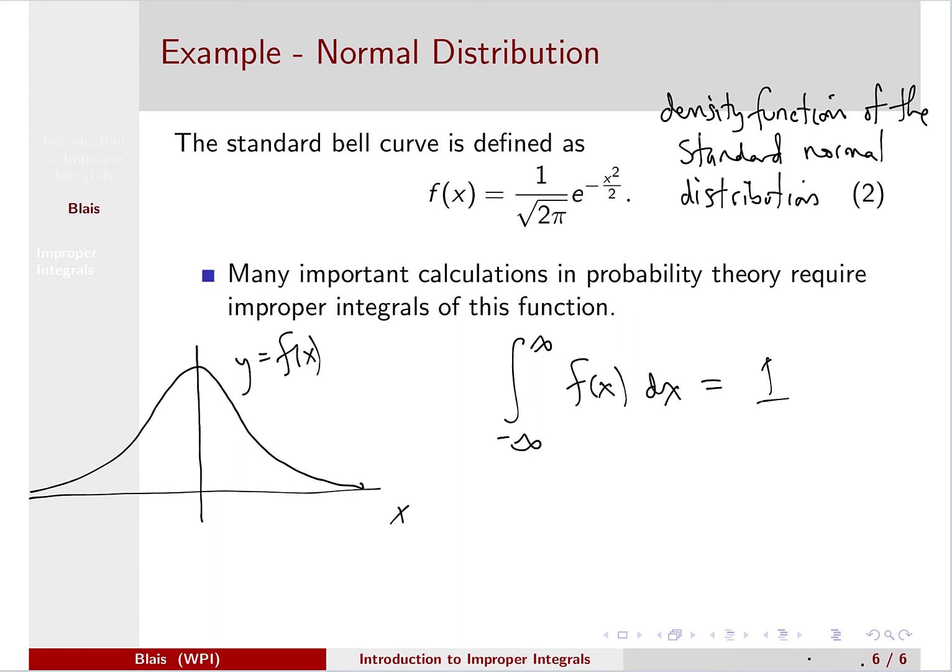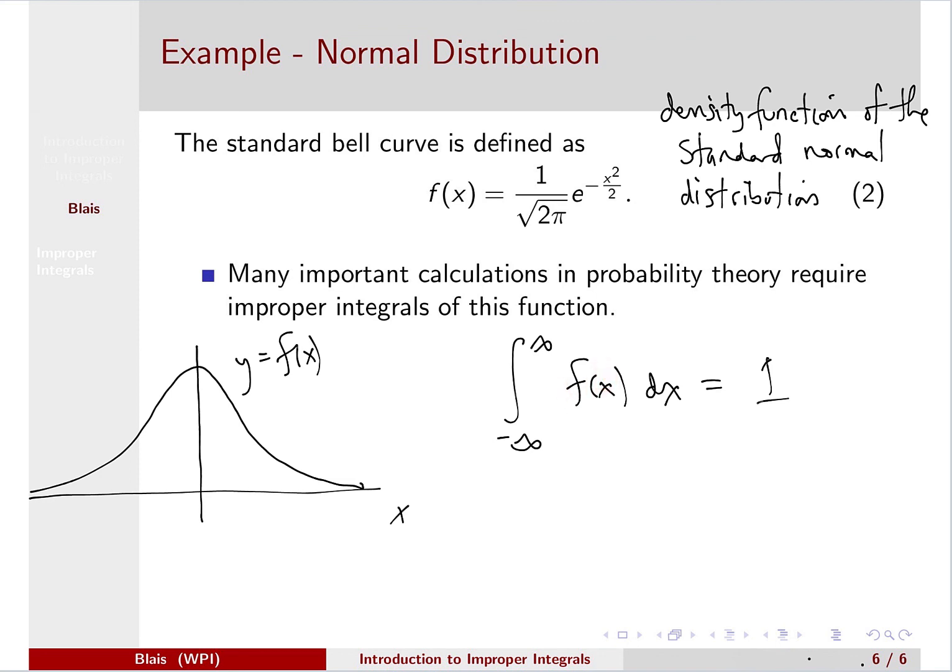Now, doing this integral is not easy. You actually can't find an antiderivative to this. You have to get a little bit creative, and it's something that we would study later in calculus. So we're not actually going to do this improper integral. We don't have the tools for it yet. But it's important to recognize that most of us have heard of the bell curve. And improper integrals of the bell curve, functions times the bell curve, are extremely common.